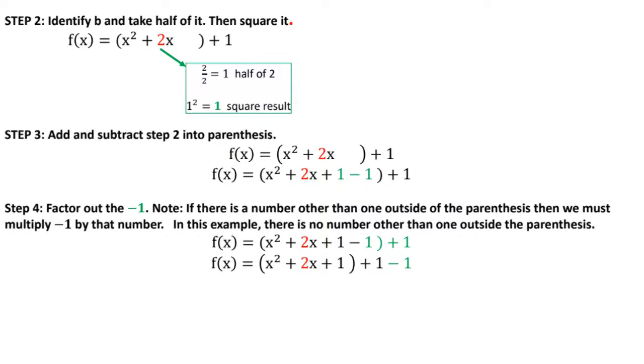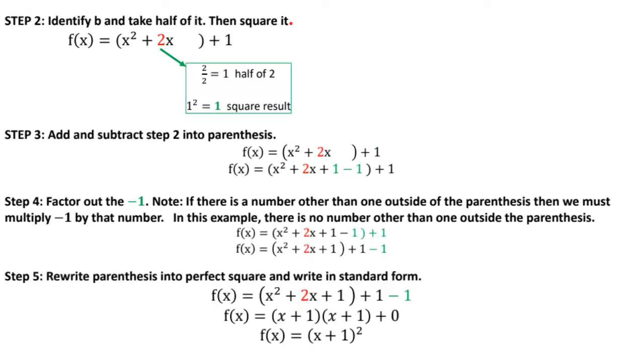So we'll continue. 1 plus a -1 is going to be 0. And now what's left in here is going to be my parentheses, x plus 1 times x plus 1. Again, if you factor this, 2 numbers that multiply to give you 1 are 1 and 1, and if you add them, it'll give you a 2. And notice that shortcut: after I took the half, I got a 1, and that's what I'm using here.